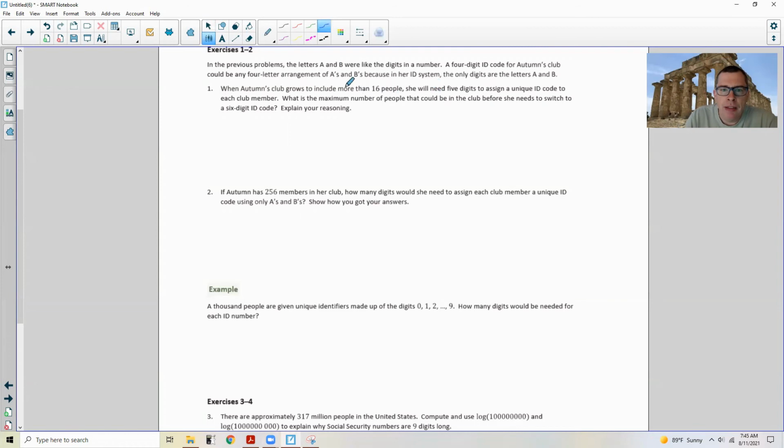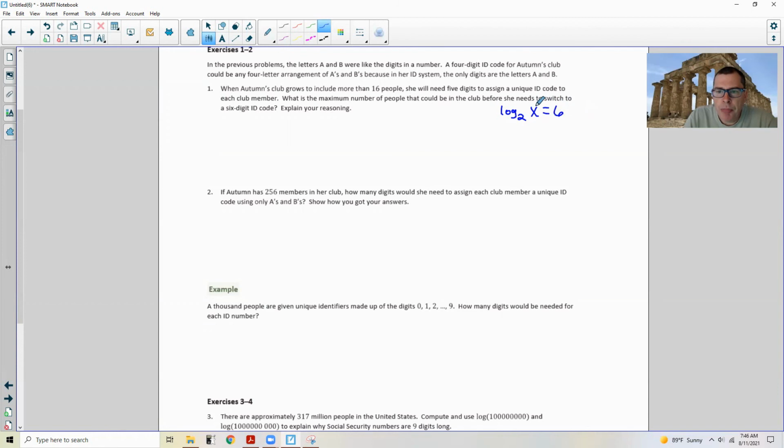So what we're basically saying is the log base 2 of a group more than 16. What is the maximum number of people that could be in the club before she needs to switch to a 6-digit code? So I need log base 2 of some number to equal 6.